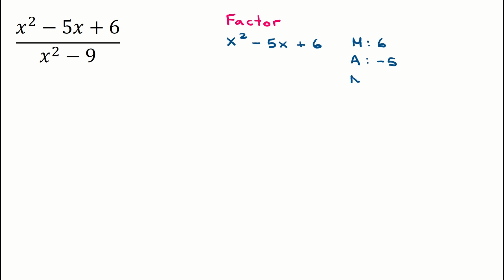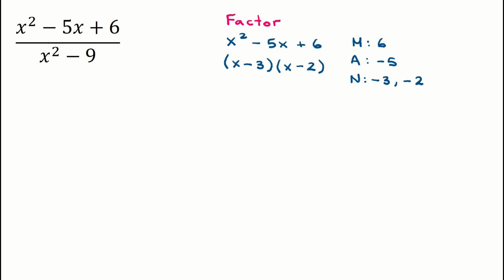And two numbers that work in this case are negative 3 and negative 2, because negative 3 times negative 2 gives you a positive 6, and negative 3 plus negative 2 gives you a negative 5. So this expression in factored form will be x minus 3, x minus 2.